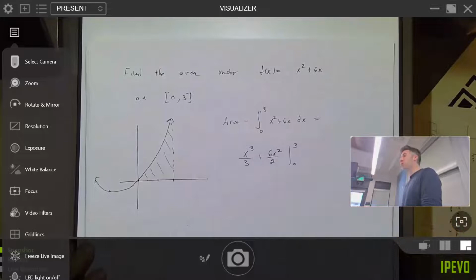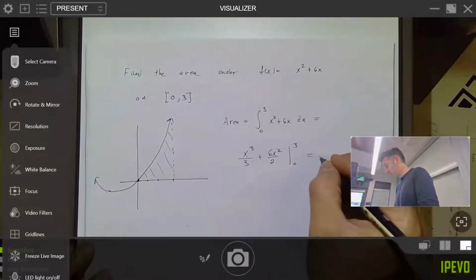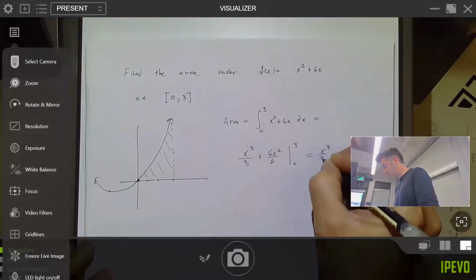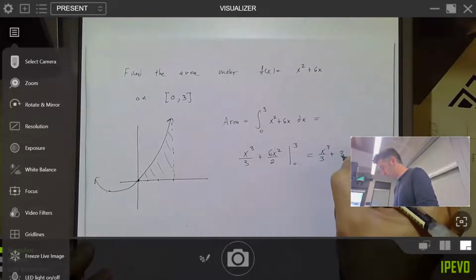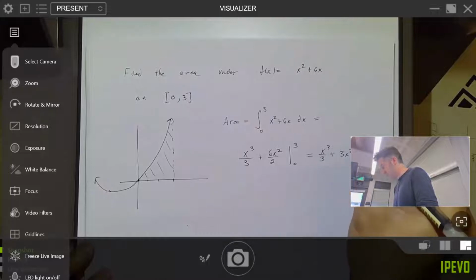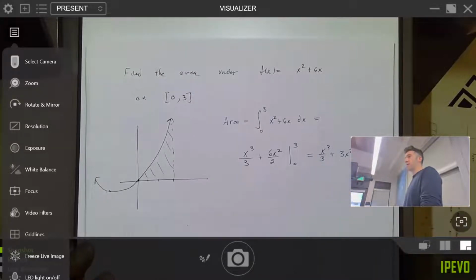It's usually a good idea to simplify these things before plugging in. So I would probably rewrite this as x cubed over 3 plus 3x squared from 0 to 3. And then we're just going to plug in our limits. It's always the top limit first. It's always the bottom limit second.